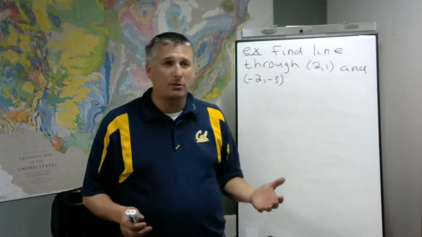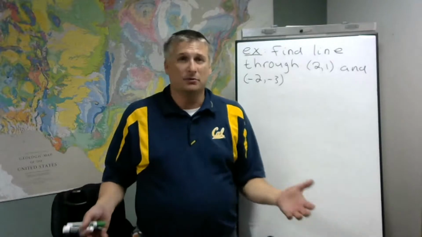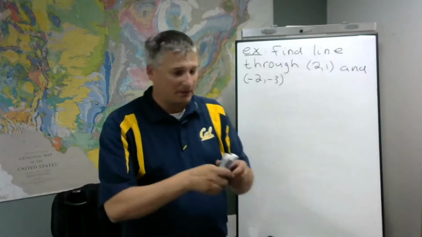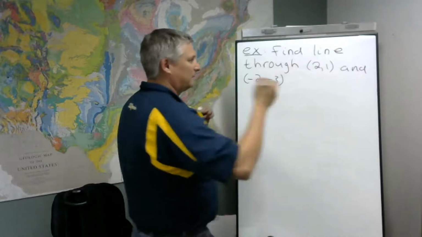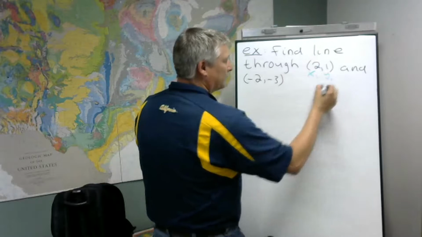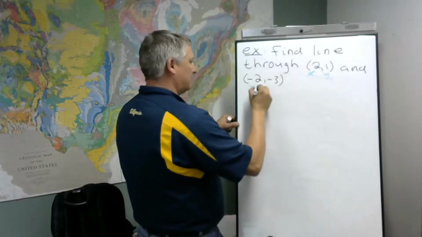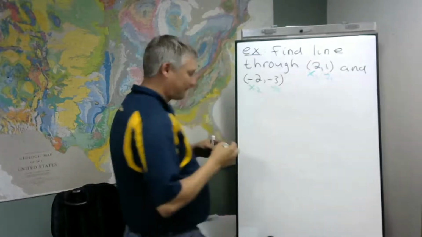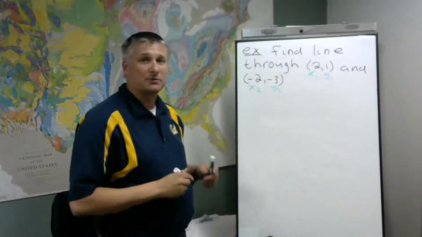And then once we have that slope, well, then we have a slope we can use for our point-slope formula. So let's label these, and this is our first point, so I'll call this x1, y1. Second point, x2, y2. And now we use our slope formula.